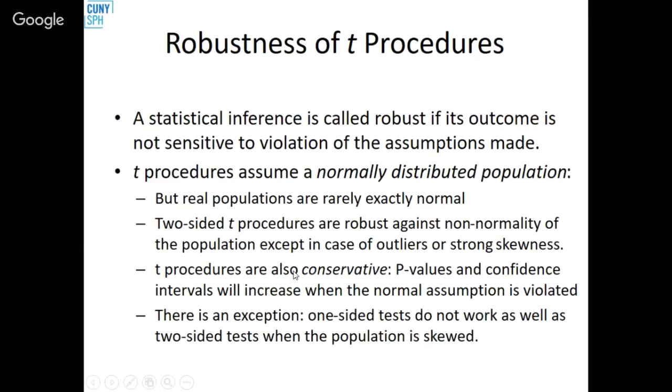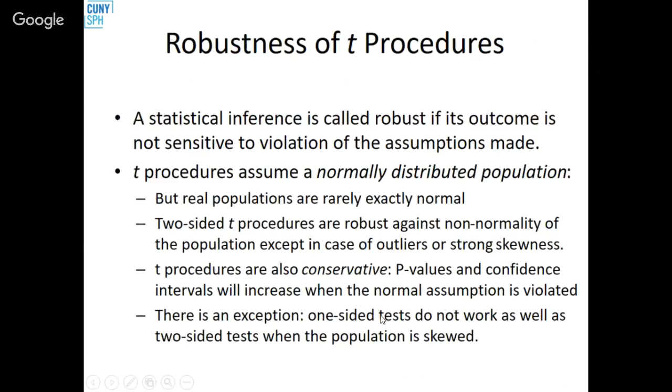So they're robust and they're also conservative in that your p-values and your confidence intervals tend to increase when the normal assumption is violated. So you're not likely to make type 1 errors. You're not likely to be overconfident in your results as a result of these violations. You're actually more likely to not have as much confidence or as much certainty as you could.